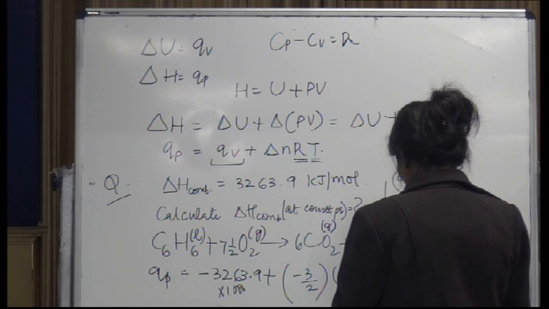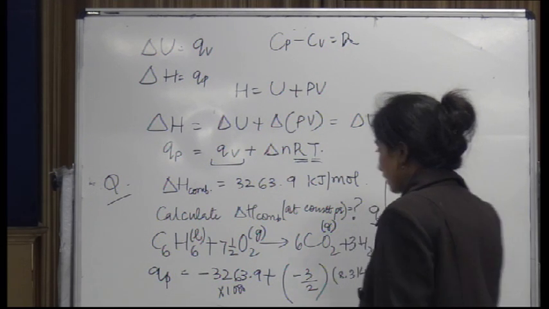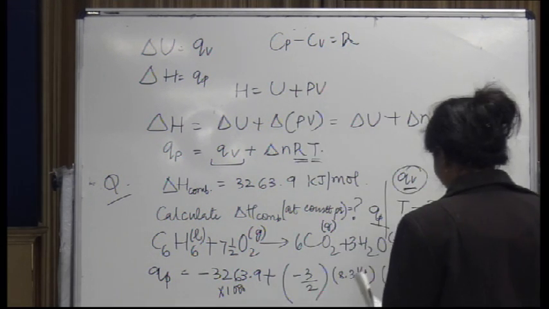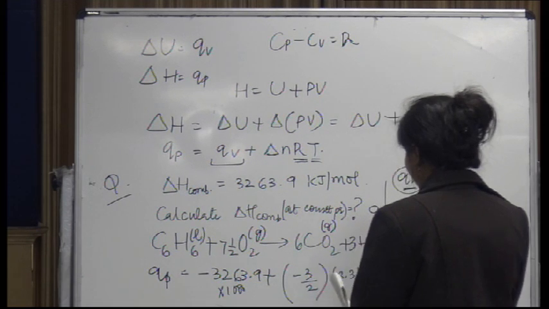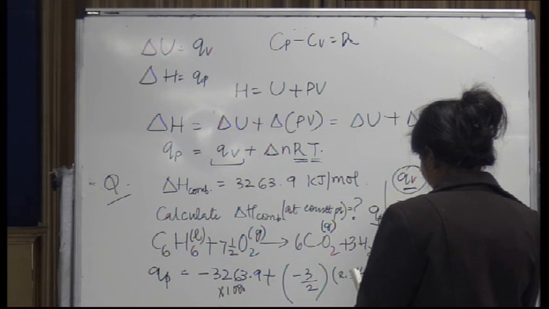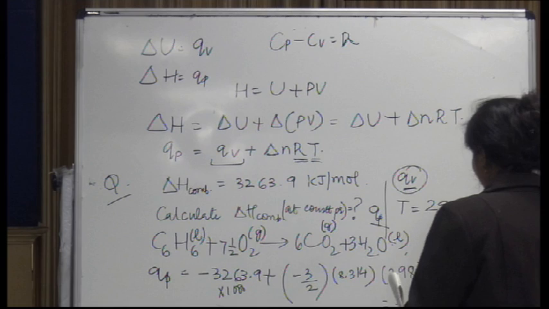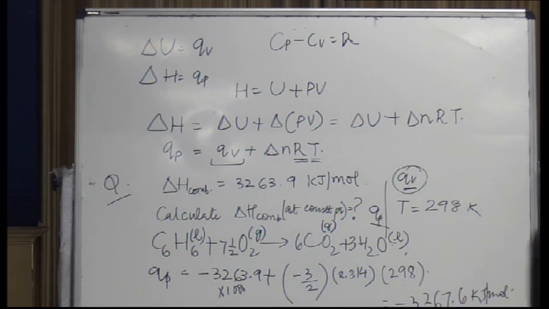That should be giving you the answer, and the answer in this case is given as minus 3267.6 kilojoules per mole. Just understand the methodology from here so that we can proceed.